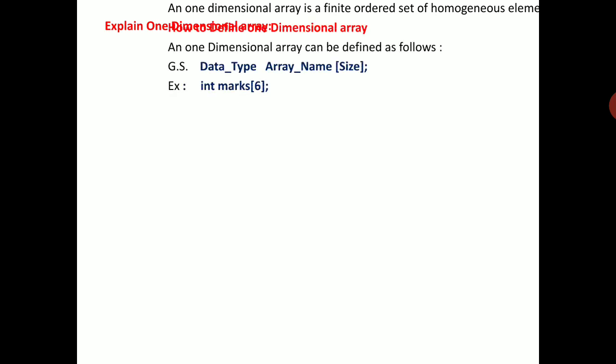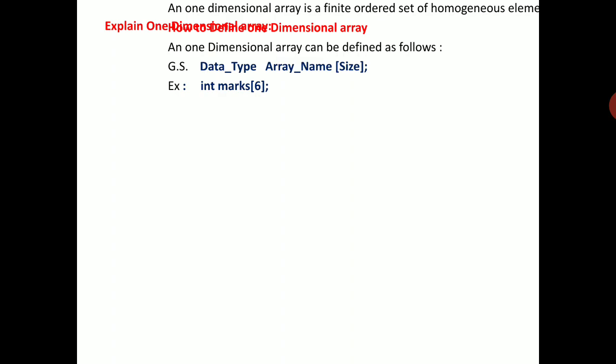Explain one dimensional array. Basically, we are going to study some basic things about arrays. How are we going to explain a one dimensional array? Okay, first we are going to define it, and an array is finite. A one dimensional array can be defined as, I have given its general syntax here.